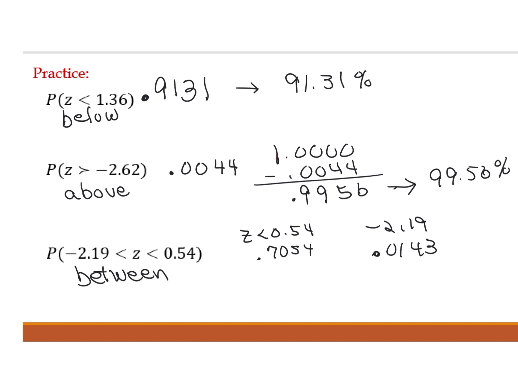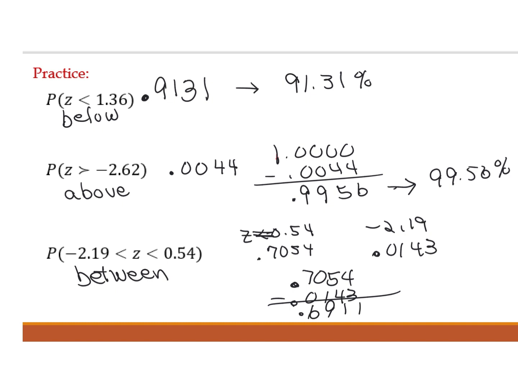To find between those two, I am going to then subtract the largest minus the smallest. And when I subtract, I'm going to get decimal 0.6911.